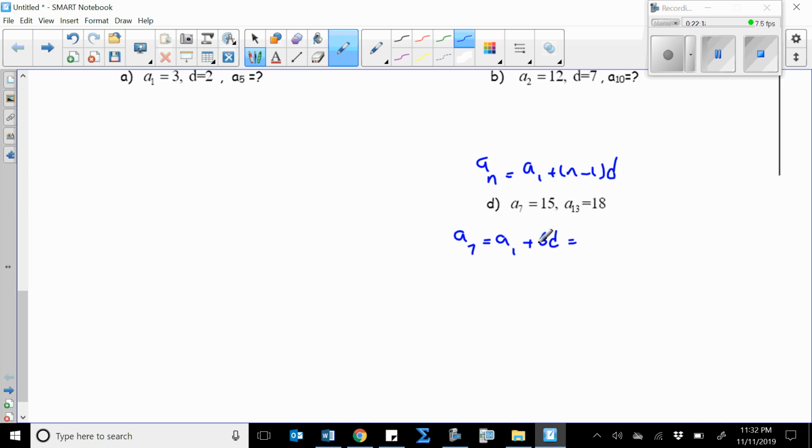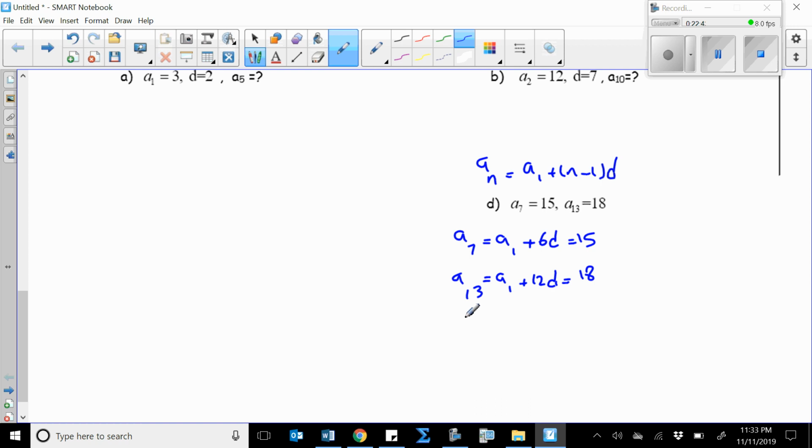It's equal to 15. The next one, a13, is equal to a1 plus 12d, because 13 minus 1 is 12, is equal to 18.